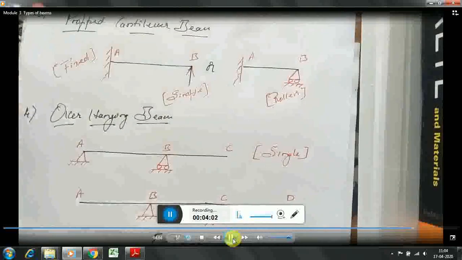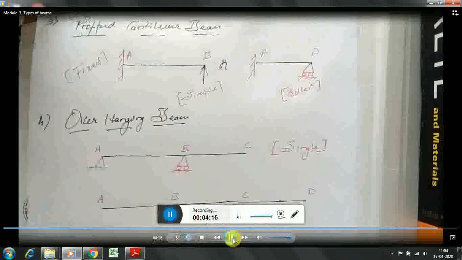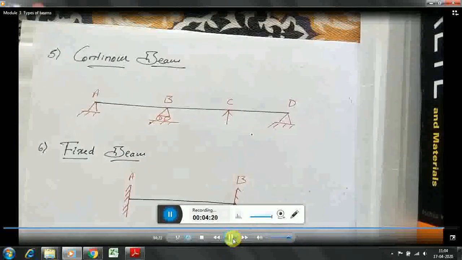In an overhanging beam, one end is either a hinged support or a roller support, but the beam is extended. In single overhanging, the beam is extended at one part. In double overhanging, the beam is extended at both the ends. When it comes to the continuous beam, the beam has more than two supports, as we can see in the diagram. Then in the fixed beam, both the ends are fixed.